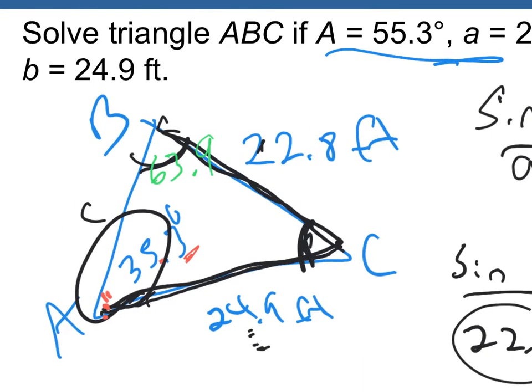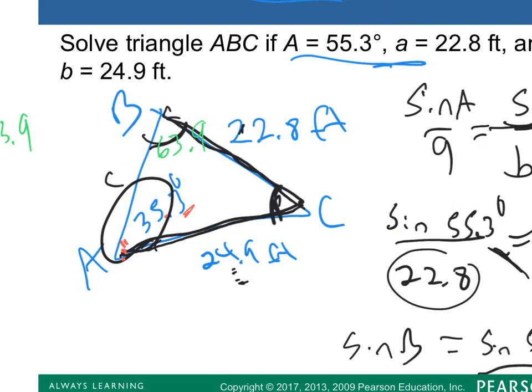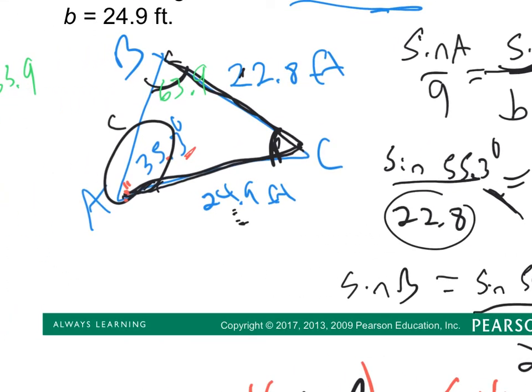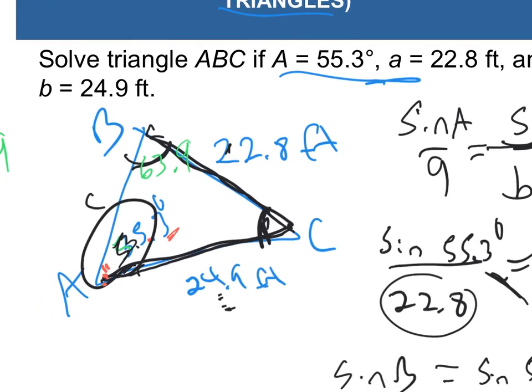Whoop, I wrote it wrong. Was 55. Did I write it? I used 55. Okay, good. I got scared. Thought I did it all wrong. I was dyslexic again. 55.3.